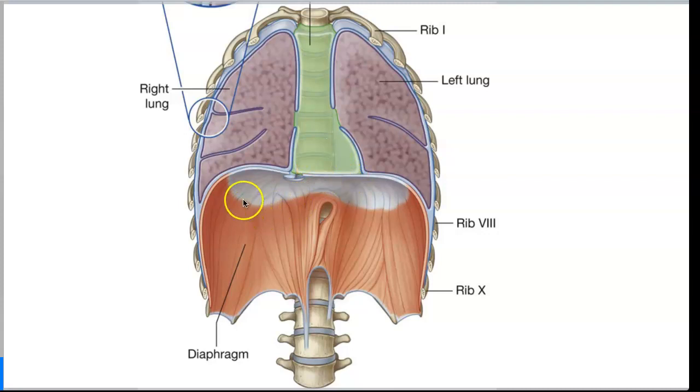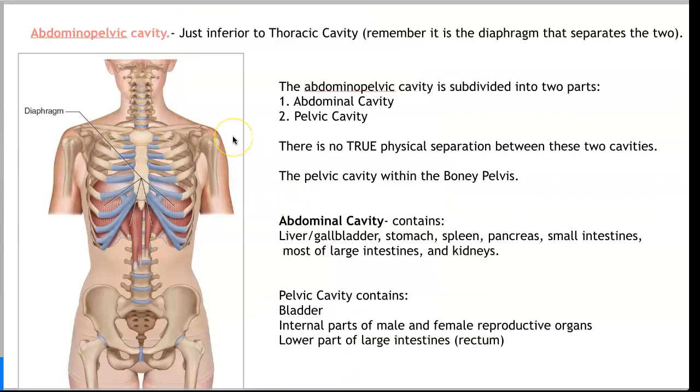So now let's go down into our abdominal cavity. So, the abdominal pelvic cavity. This is inferior to the thoracic cavity. And you must remember it is the diaphragm that is separating them.